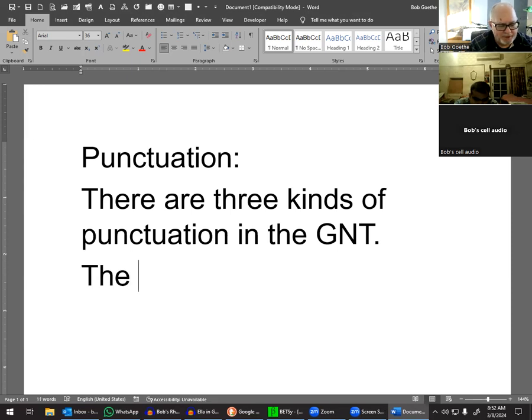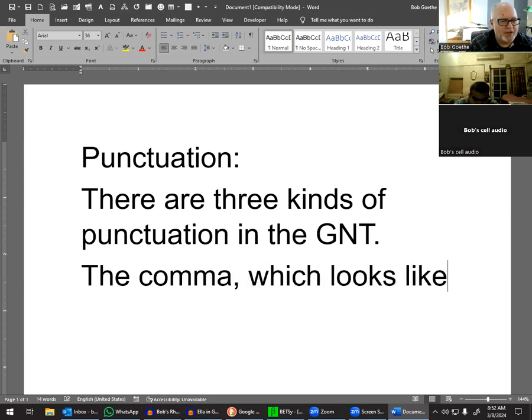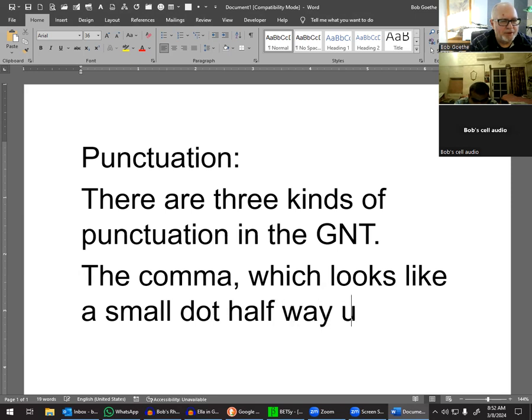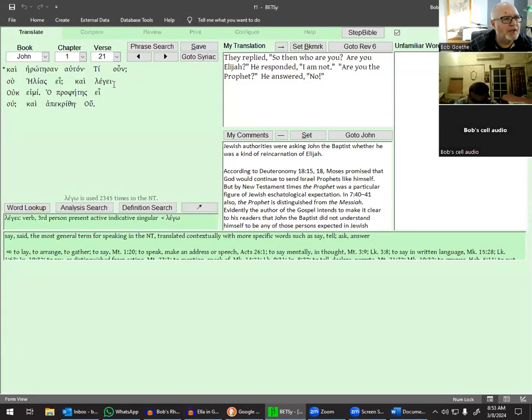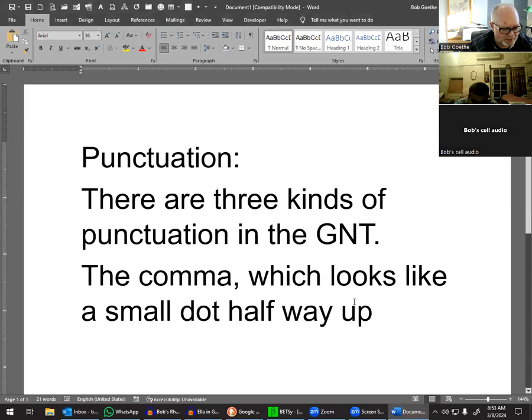First, it's like a comma, which looks like a small dot halfway up.